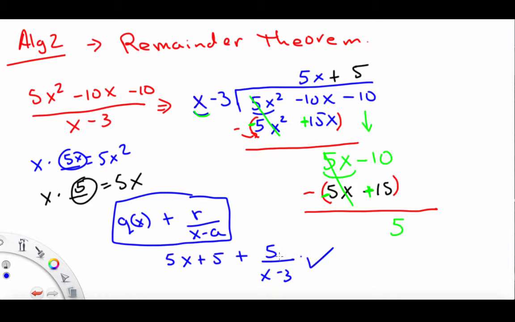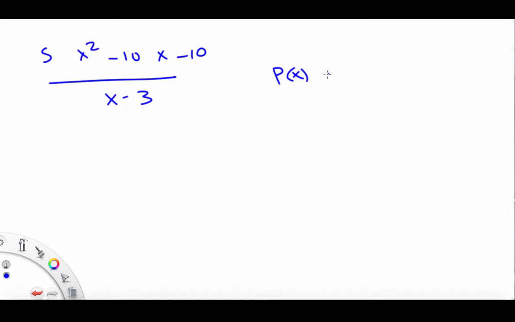There's another way to solve this. We could get our remainder quicker. We use the same expression, 5x squared minus 10x minus 10 over x minus 3. A quicker way is to just evaluate. Remember, P of x with the number 3. We can just grab our binomial, our term a from x minus a.